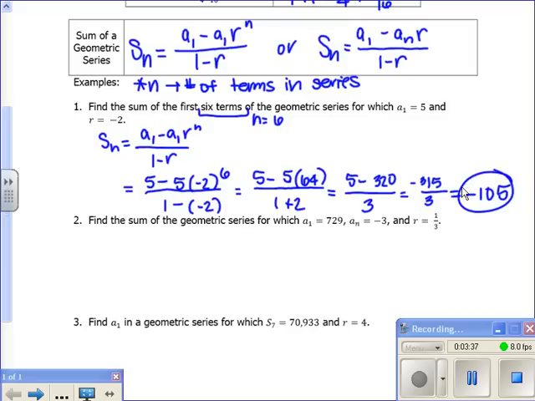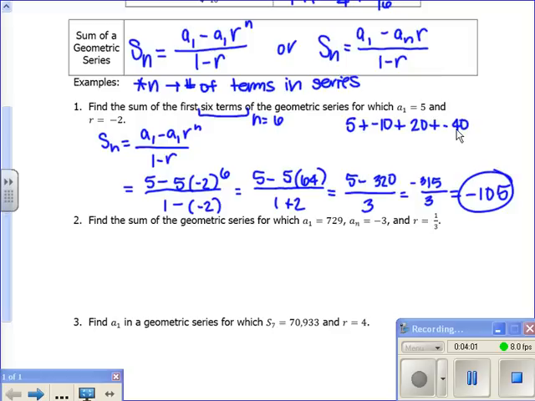Now remember, can a sum be negative? Can you add up a certain amount of numbers, in this case 6 of them, and your answer be negative? Well, yes. Think about this series. Our first term is 5. To get to the next term, we multiply by a negative 2, so that gives us a negative 10. Multiply by a negative 2, that gives us 20. Multiply by a negative 2, that gives us a negative 40.